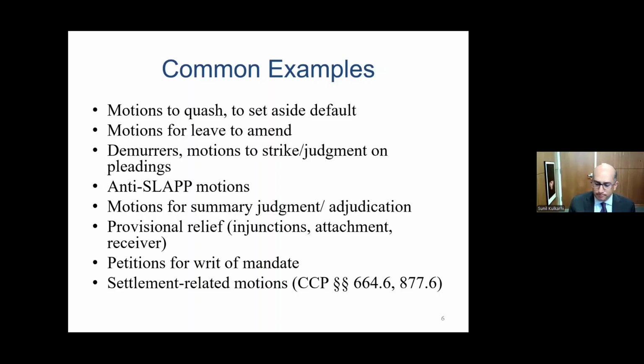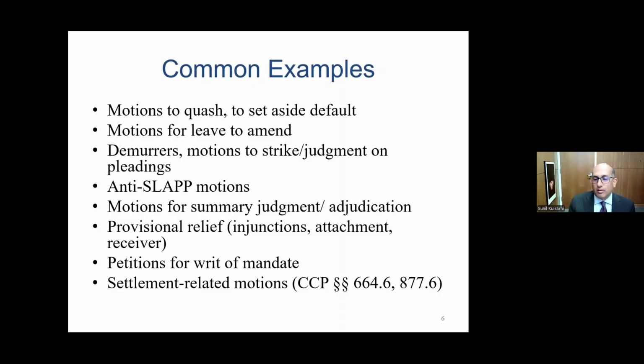Some counties, there'll be civil judges who handle a case from beginning to end, and they'll hear all your motions. Other places have a setup, for example, like in Santa Clara County, where you have a case management judge for regular cases who hears all these motions, but someone else hears the trial.